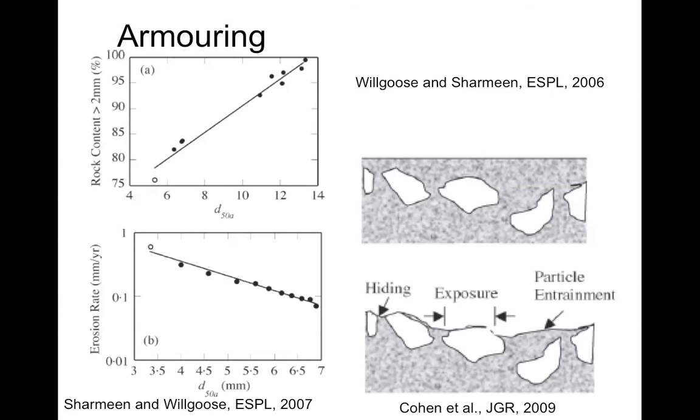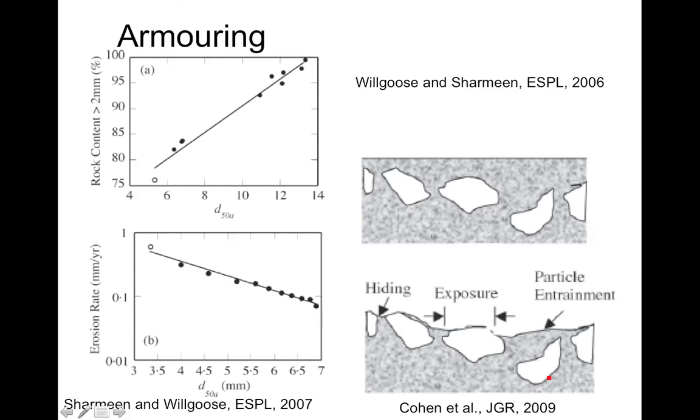Now, how do you actually include rocks in a model? Well, Chapman and Cohen were some of the first to try and do this in erosion models. They essentially model this process: you have a soil with rock fragment cover. As the soil erodes, the model selectively removes the fine particles and leaves these rock fragments behind, which are then exposed and can't be moved.